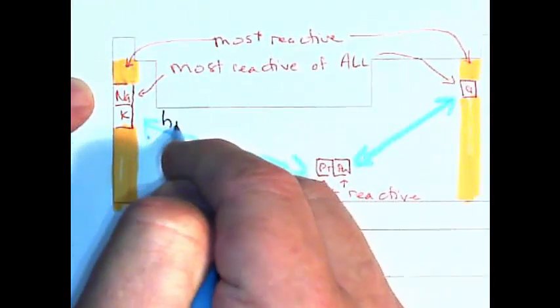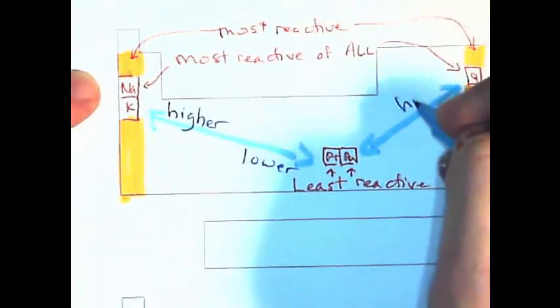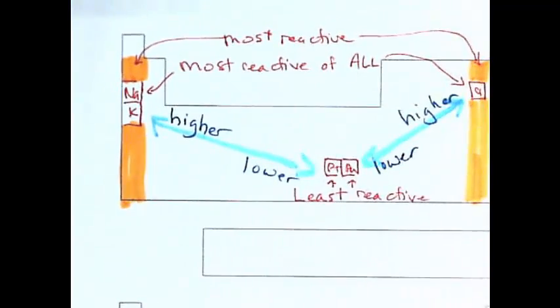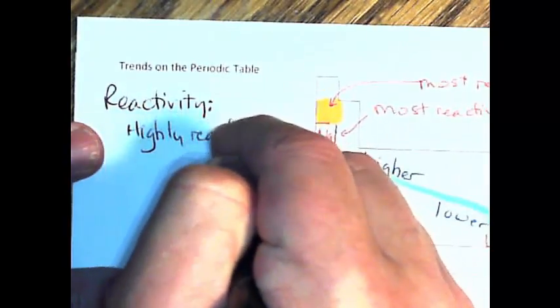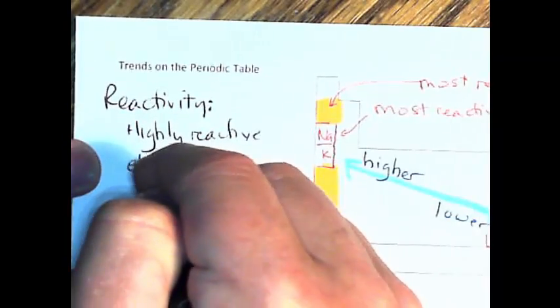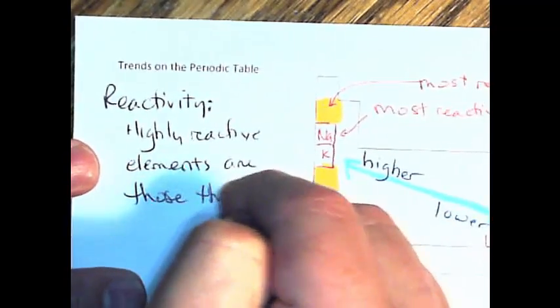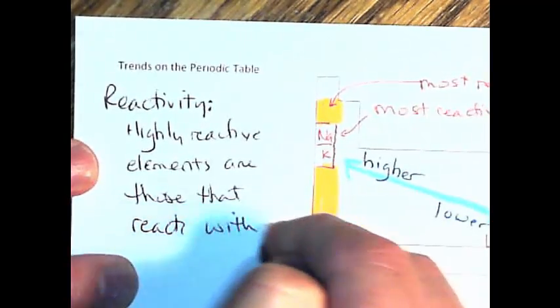And so you get a kind of pattern like this. So higher going this way, lower going this way, higher going this way, lower going this way. Okay? We could say that highly reactive elements are those that react with the most violence.